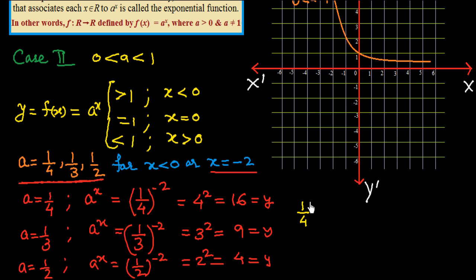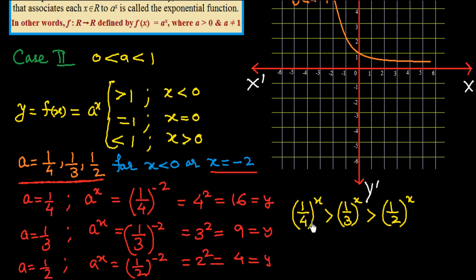1 by 4 power x, which is 16, is greater than 1 by 3 power x, which is greater than 1 by 2 power x.